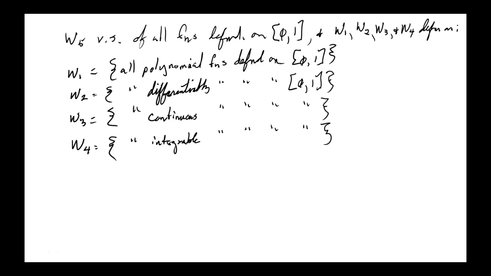So if that's a vector space, and W1 is a subset of W2, W2 is a subset of W3, and W3 is a subset of W4, and W4 is a subset of W5, then every one of these is a subspace, okay? Because everything that's in W1 is in W2, so everything still fits.